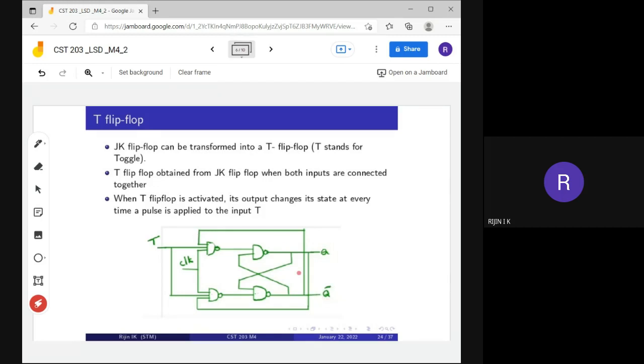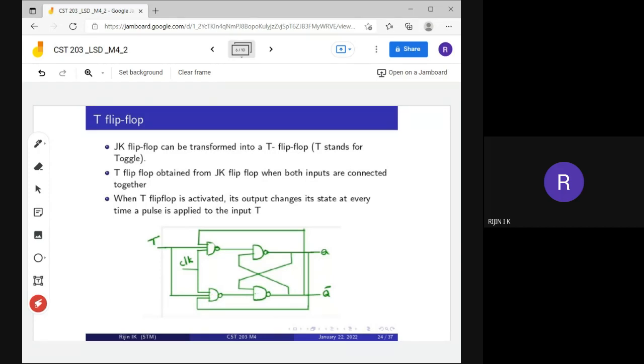Remaining everything is similar to the JK flip-flop, because the outputs are fed back here and here. We apply the clock pulse, and this is our SR latch.